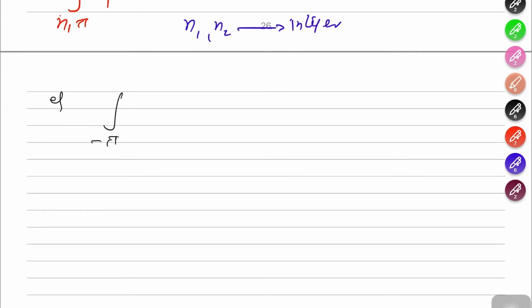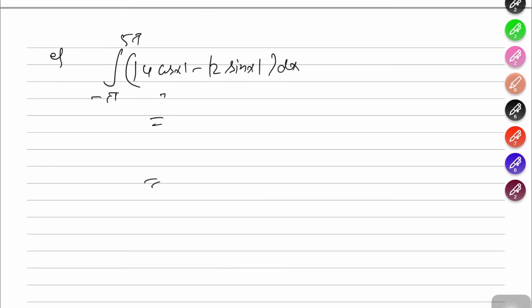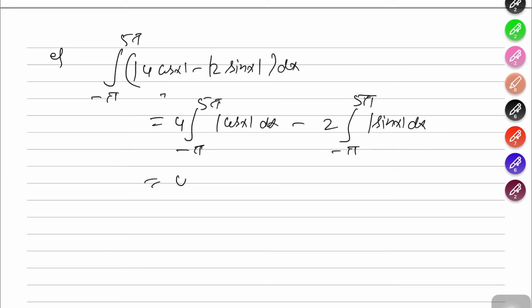Okay, let's take one example. Integral from minus pi to 5 pi of mod of 4 cos x minus 2 sin x dx. So that is 4 times integral from minus pi to 5 pi of mod of cos x dx minus 2 times integral from minus pi to 5 pi of mod of sin x dx.